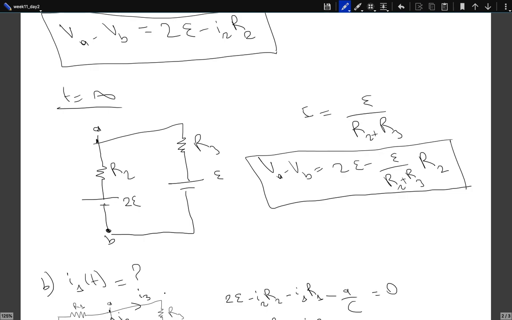There is no computation here. The reasoning is at t equal to infinity, the capacitor doesn't allow any current to pass, so the circuit reduces to this one. Well, this is a simple circuit, and so you have that one. What we would like to see is that you are actually understanding what you are doing, not just picking up random formulas. If you write enough to convince us that you know what you are doing, that should be enough. It doesn't have to be formulas, it can be sentences, it can be circuits.